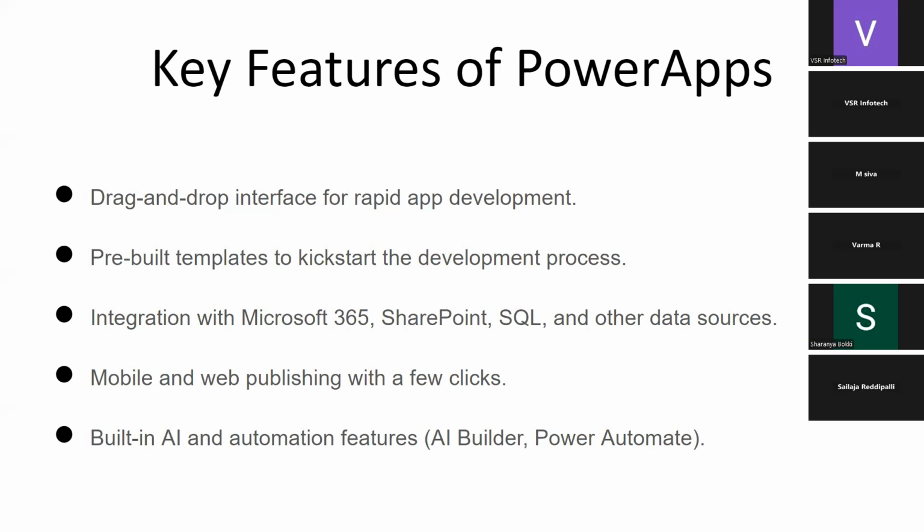You can deploy your app. And let me remind you, Power Apps is a powerful tool which can be used for responsive websites as well. There are built-in AI and automation functions like AI Builder and Power Automate, which you can also integrate with Power Apps.